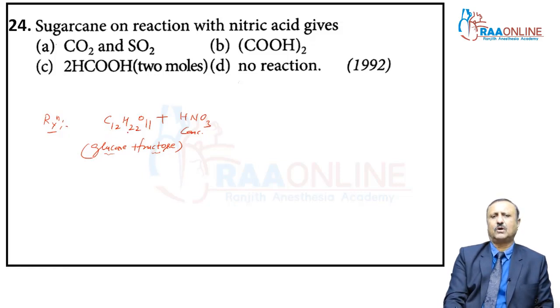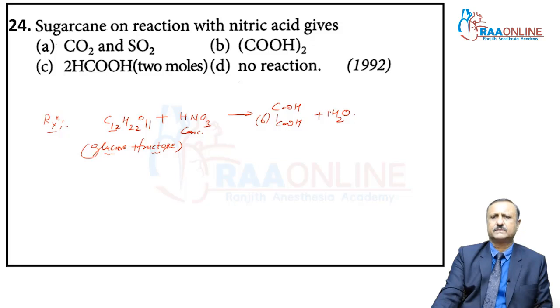So, my dear students, all the carbon atoms are decomposed to get oxalic acid, COOH-COOH, and you can get 6 molecules of this because C12 is present, and all the hydrogen and oxygen are liberated as water molecules.